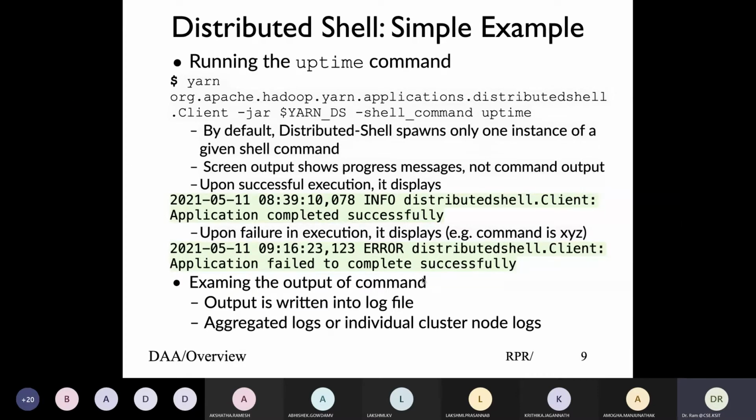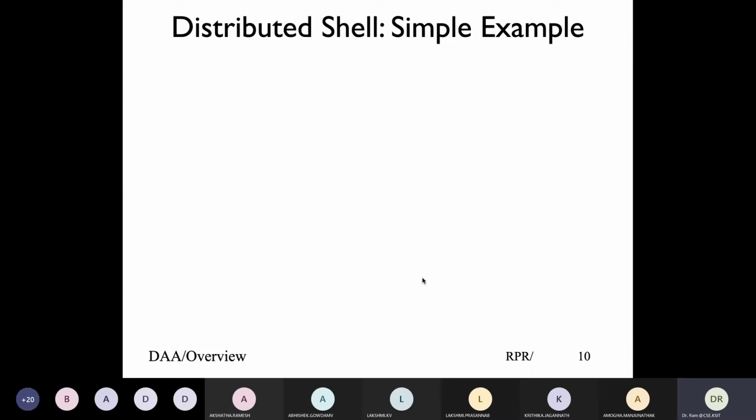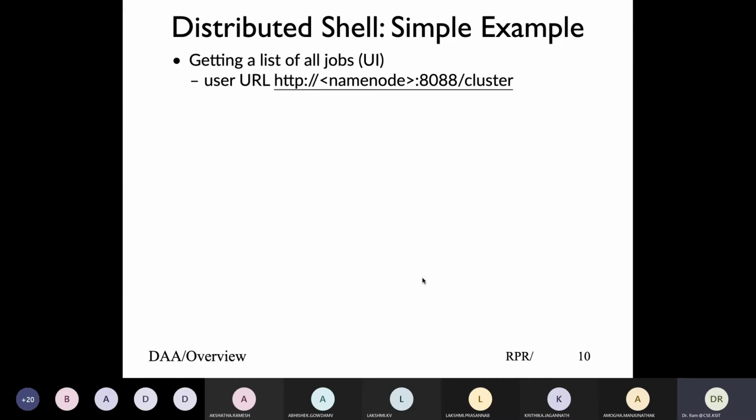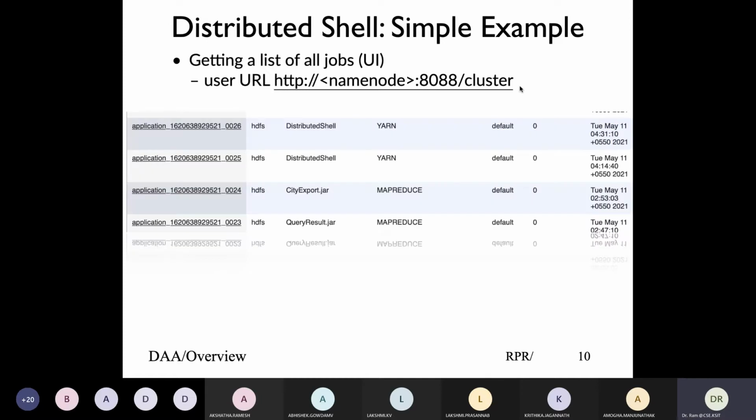In case you'd like to know the application ID, because logs require a specific application, you can go through the UI, the name node where things are running, port 8088, and it gives you all the jobs that have been completed, and you can scroll horizontally.